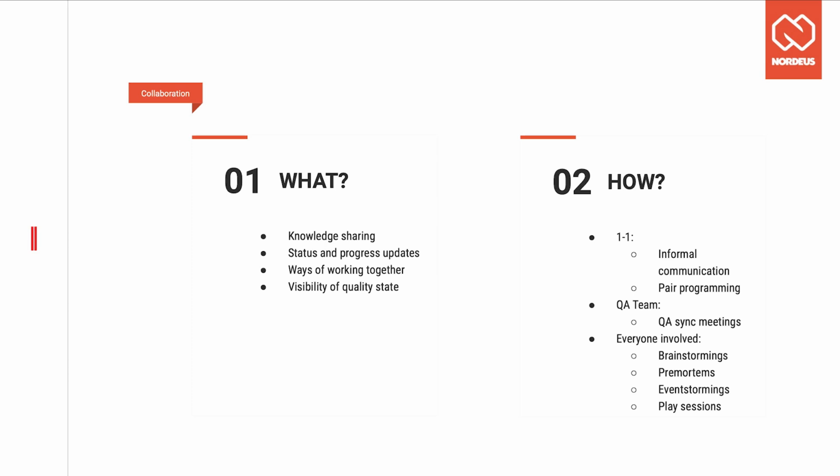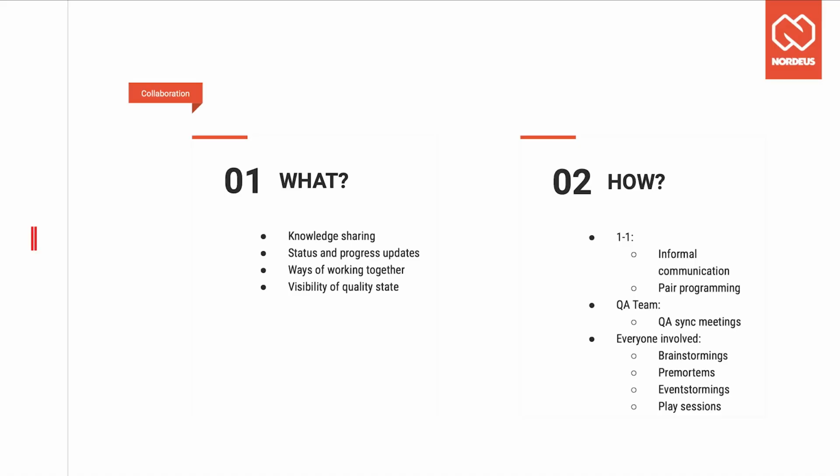Now I want to talk a bit about how we approach this collaboration. I want to mention a couple of different meetings that can give us some answers on this what part. First of all, we have one-on-one collaboration, like two colleagues that are working on something together. The first important topic here is informal communication.